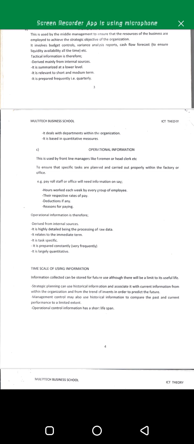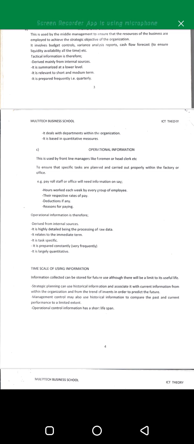Then we have operational information. This is used by frontline managers like foremen or head clerks, etc. to ensure that specific tasks are planned and carried out properly within the factory or office.